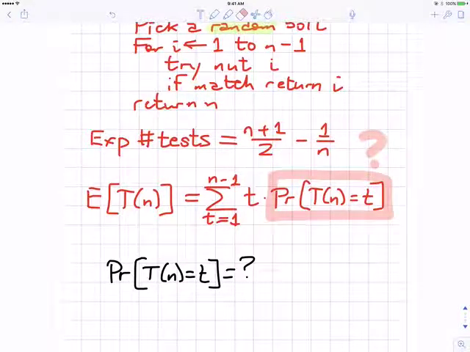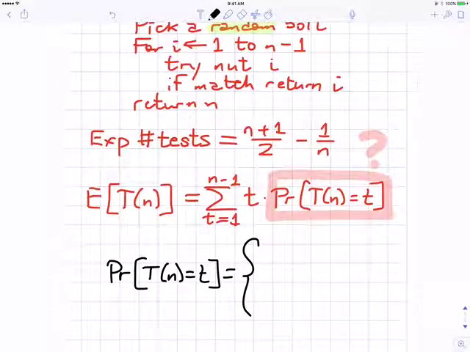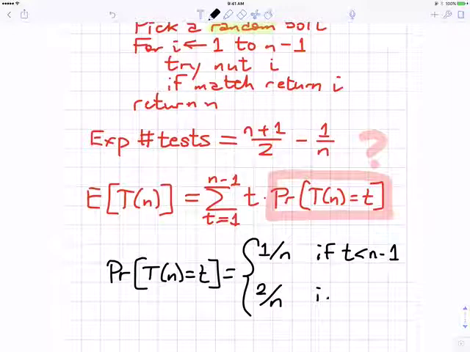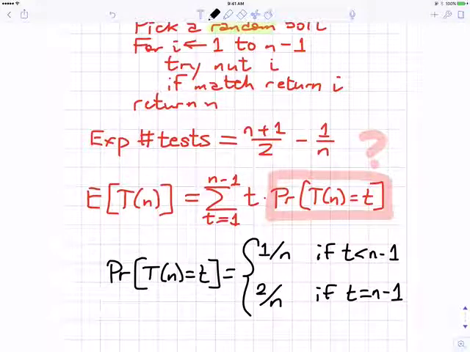So the answer here turns out to be these 2 cases. There are 2 ways for the answer to be n minus 1. Either the random bolt that I pick matches the second to last nut, or it matches the last nut.